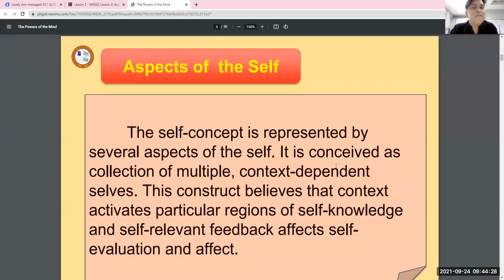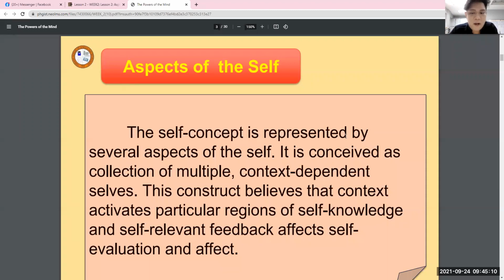Let's define the self-concept. The self-concept is represented by several aspects of the self. It is conceived as a collection of multiple context-dependent selves, a collection of your different attributes or aspects that define yourself.